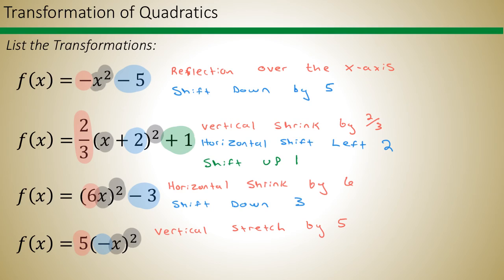So whenever there's a negative on the inside, that is going to be a reflection over the y-axis. And that's it. So you should be able to identify transformations like this.